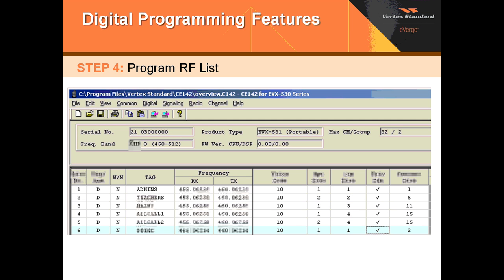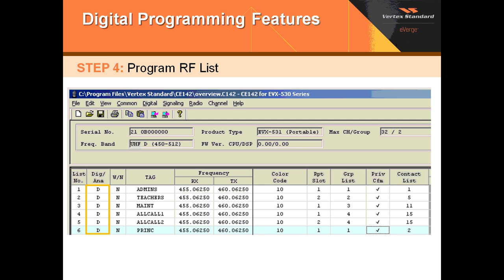And now we're going to go ahead and program the RF list. Once again, like we discussed earlier, to activate each row, we're going to have to double click space or hit enter to change that line black instead of gray, and that way the RF list becomes active.